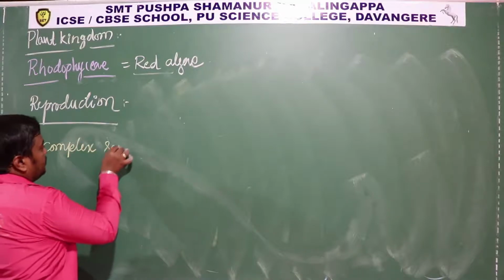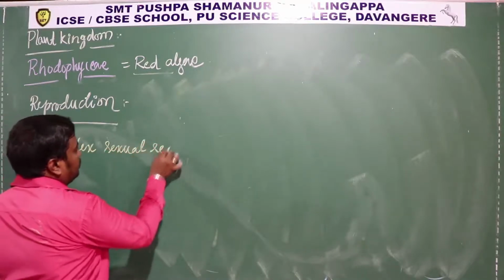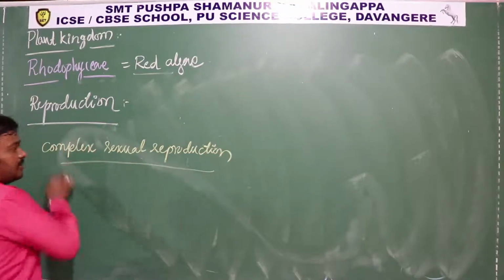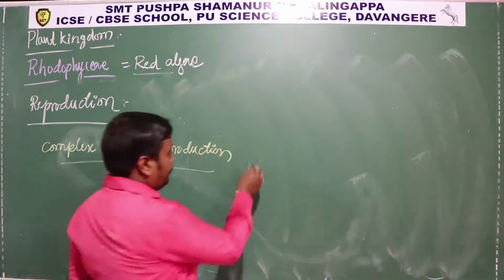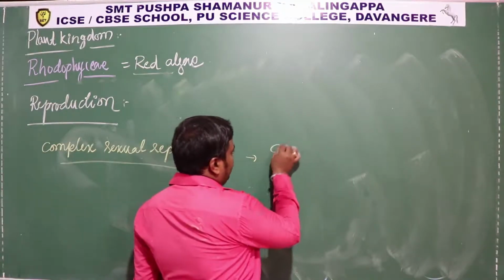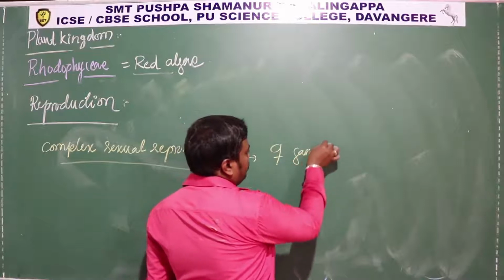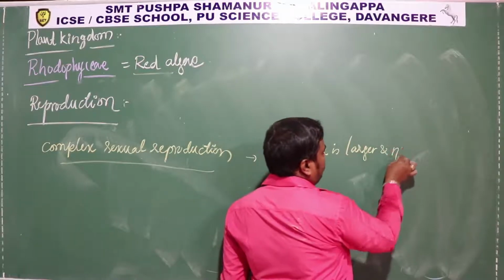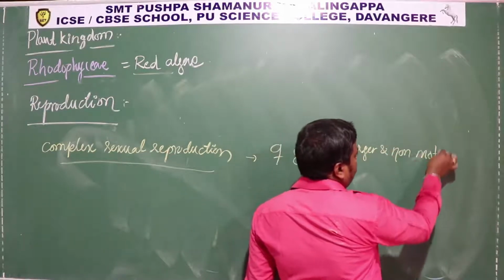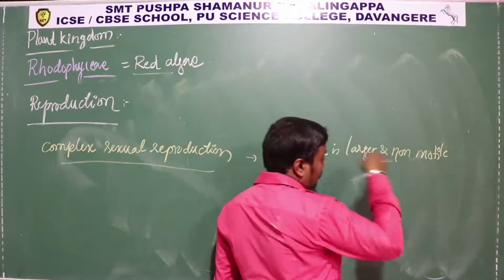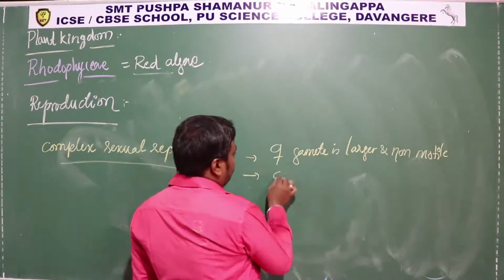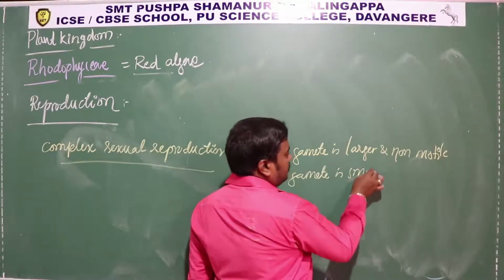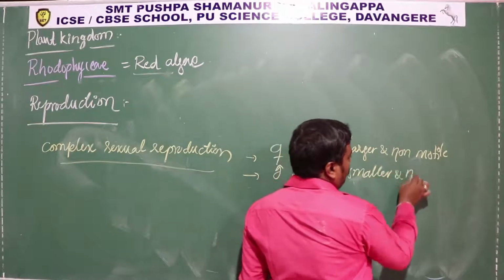Compared to others, there is a slightly more complex sexual reproduction. Female gamete is larger and non-motile. Male gamete is smaller and non-motile.